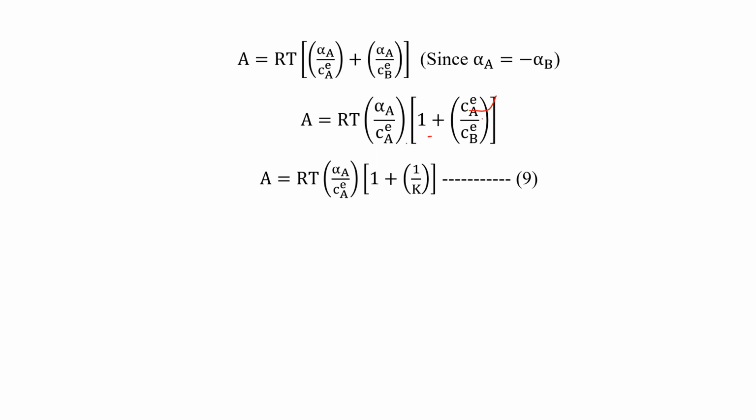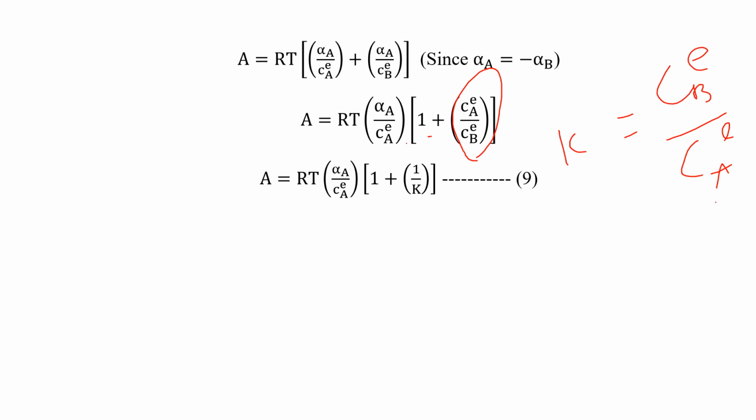Already we know that K value is equal to CBE divided by CAE. It is, I think, in equation 1 or 2. So now we have got CAE by CBE. Instead of this value, you can write it as 1 by K, because K is equal to CBE by CAE.